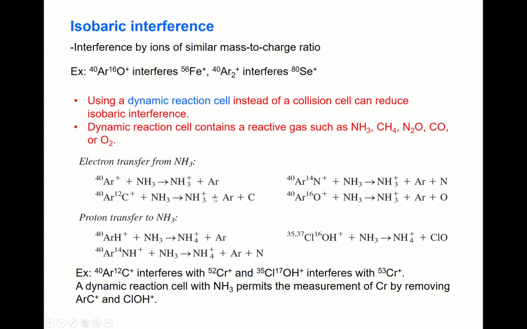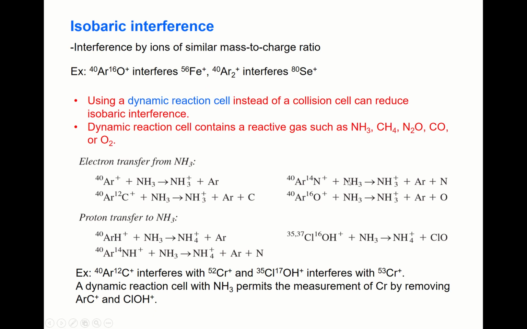Here is an example. If ammonia gas is there, for example, this argon ion reacts with ammonia, and it makes an ammonia ion and neutral argon gas. So this argon ion's effect is removed.